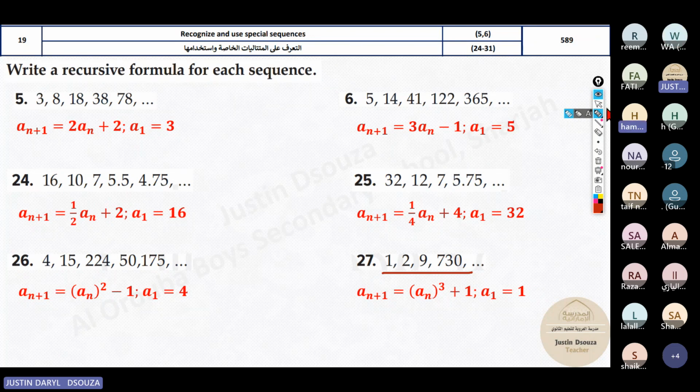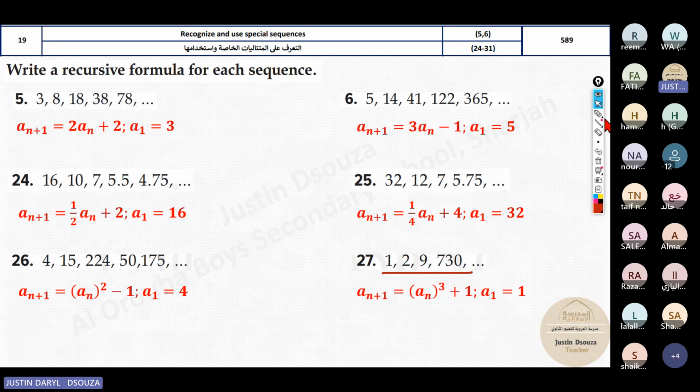Yes, our teacher gave us a problem where he said find the first 5 terms of the sequence, and he gave us the formula. Yeah, if the formula is there, you can easily substitute.